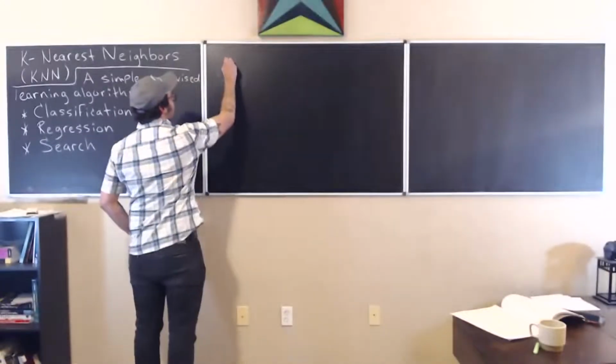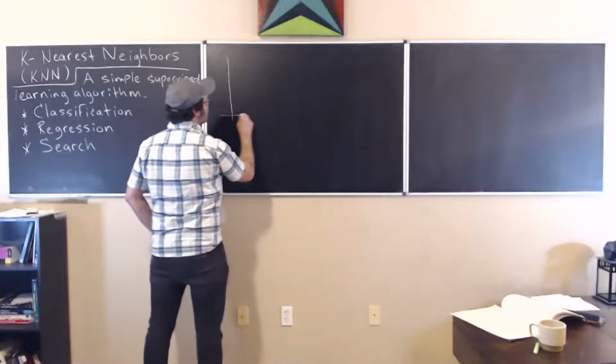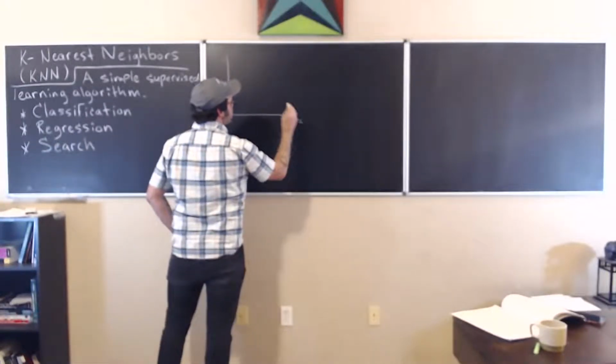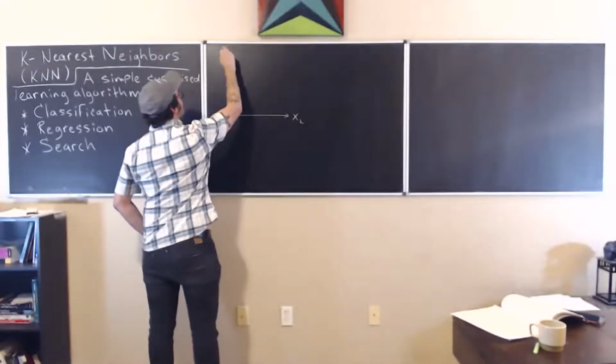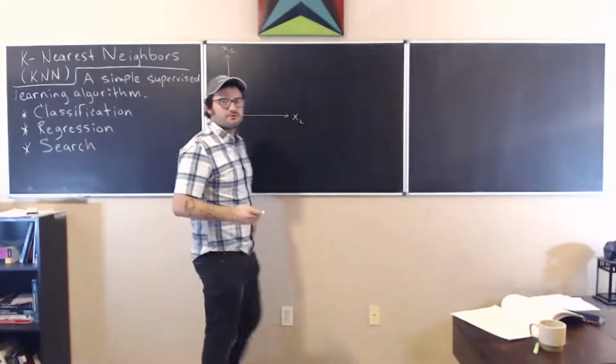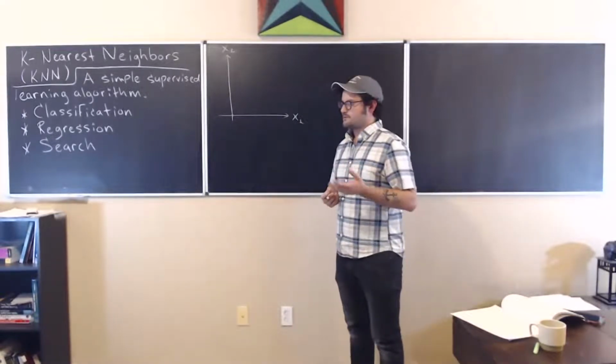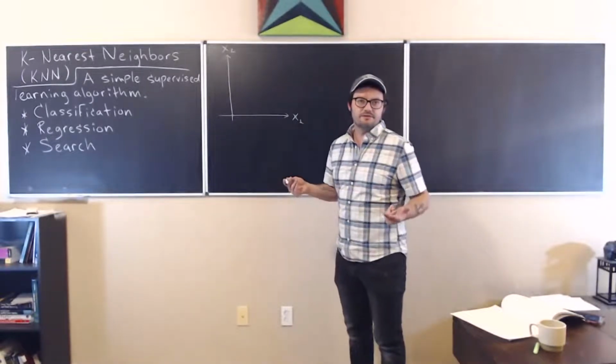Okay, so how does it work? I think the best way is to use a two-dimensional picture. Suppose we have x1, x2, and these are features, and the features of our data set belong to two-dimensional space.